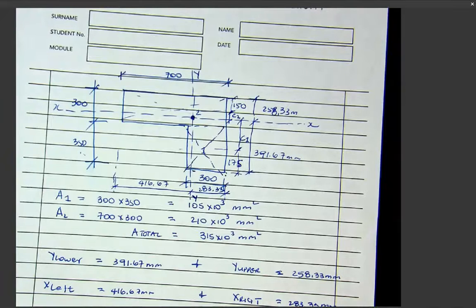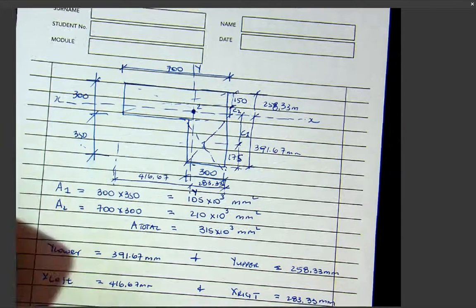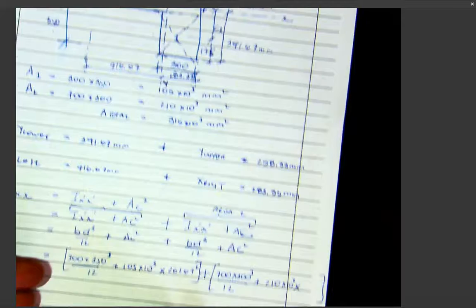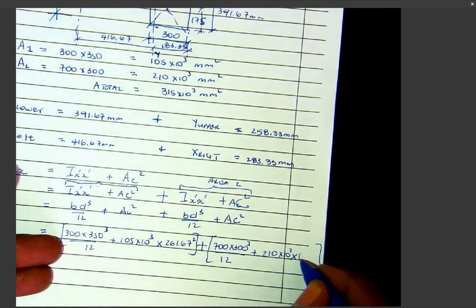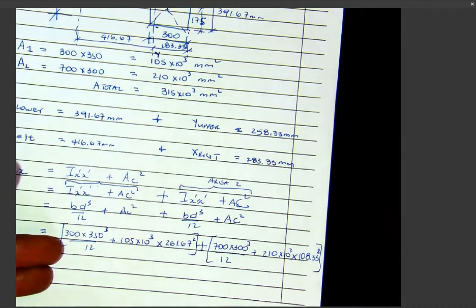So 258.33 minus 150 gives me 108.33. Squared, because this is AC squared.